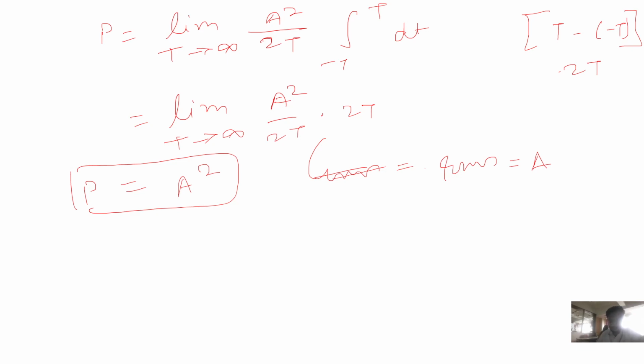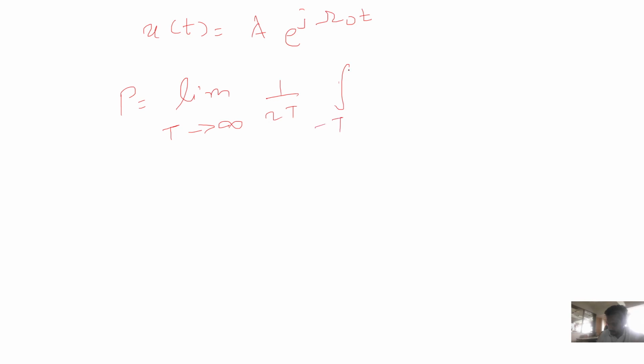Okay, let me just solve this entire thing again for you people. x of t is a e raised to j omega t. This is our equation, right? What is our power? Power is equal to limit t tends to infinity 1 upon 2t integration minus t to t mod of x of t square dt.